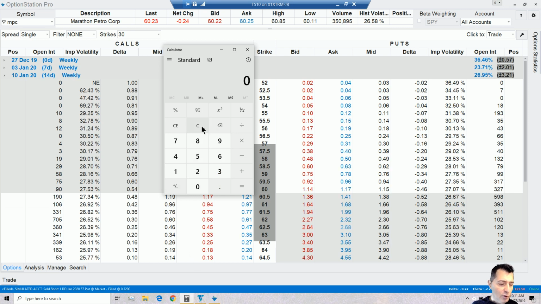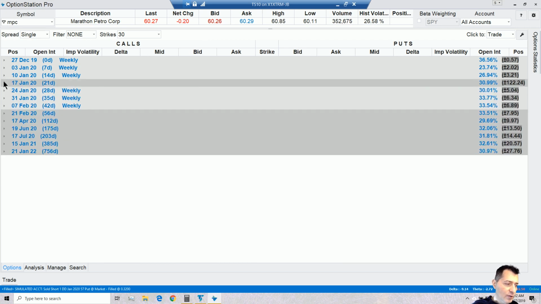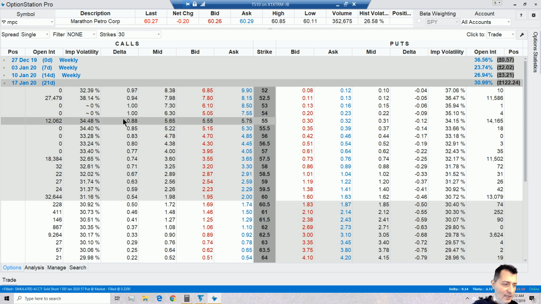Because if you shoot for 35 per side times 2, that would be 70. So if one side gives me 25 and the other side at least 45, then I'm fine because I get a total of 70. But in this case, I got 25 and 25, which is 50, which is 20 cents short of 70. So that means I need to move to the next expiration, which is January 17.